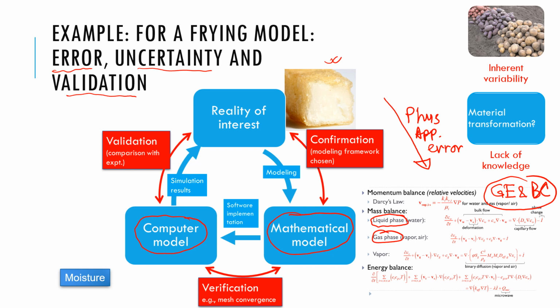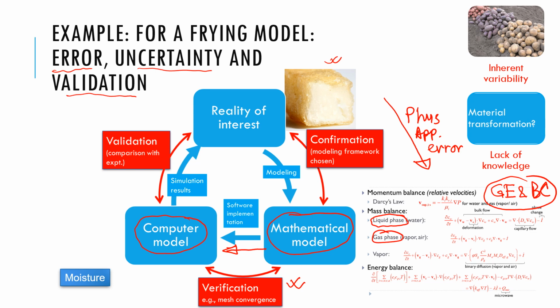For example, related to mesh, we check the errors by doing a mesh convergence, or the time steps we check against a finer time step. This kind of checking that we do in this step here is called verification. This is verification and not validation.